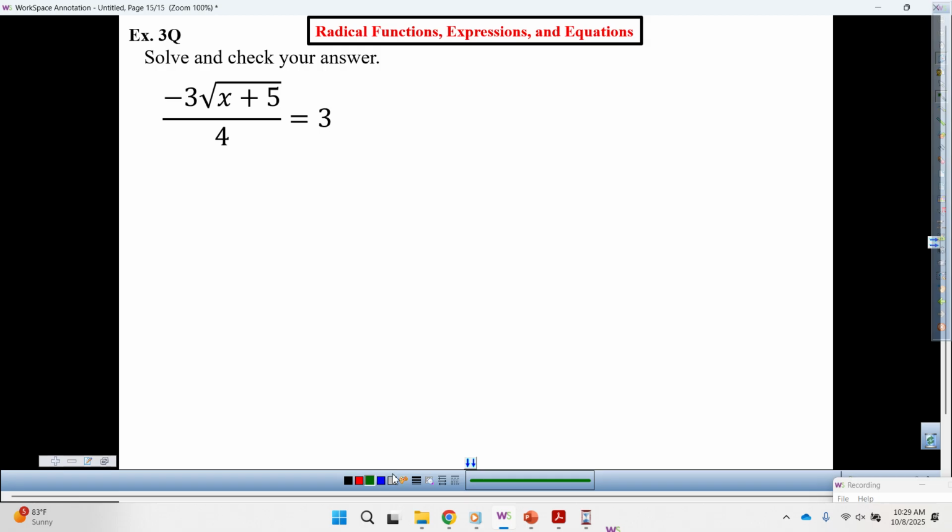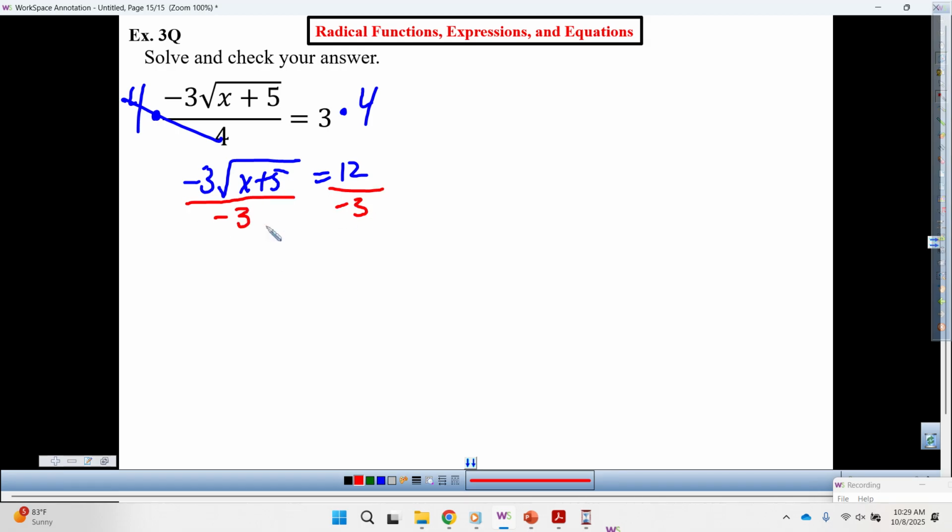All right, Julian, what do I do? Multiply times 4. We end up with negative 3 square root of x plus 5 equals 12. Then what do I do? Very good, you divide by negative 3.